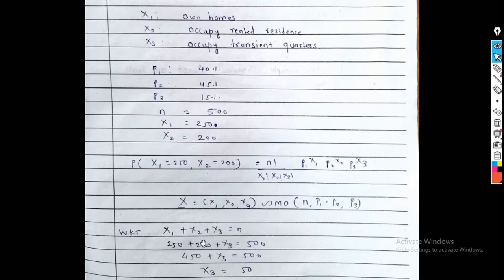But we know that the multinomial distribution possesses a property: x1 plus x2 plus x3 is equal to n. The value of x1 is 250, x2 is 200 and n is 500, so obviously x3 is 50.